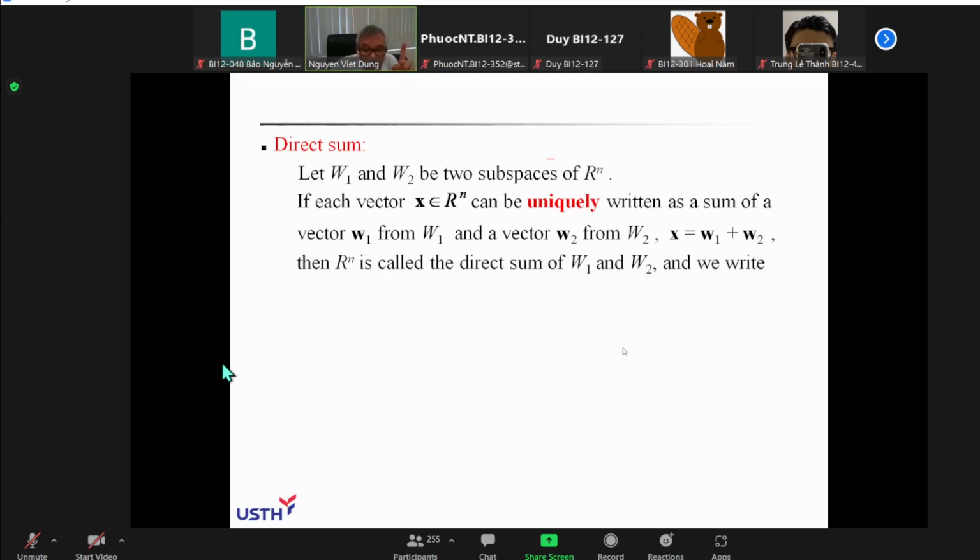In that case, we write Rn equals W1 direct sum W2. For that operation, usually American people say O-plus, that is a circle around the plus sign here.